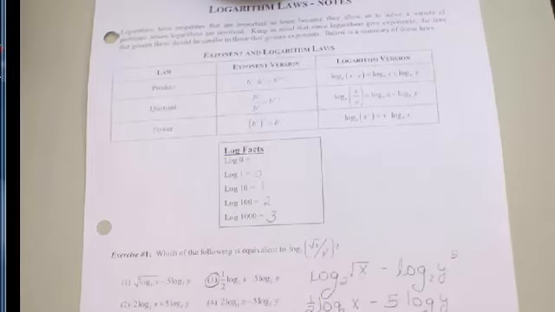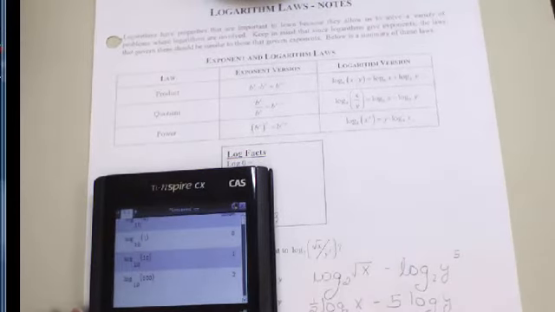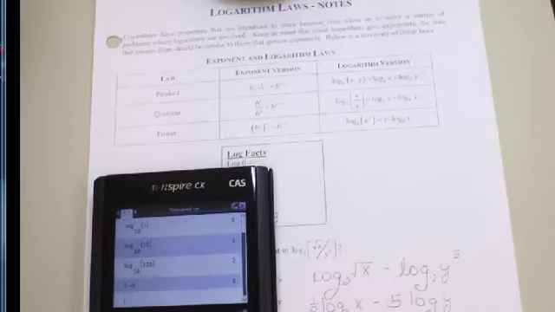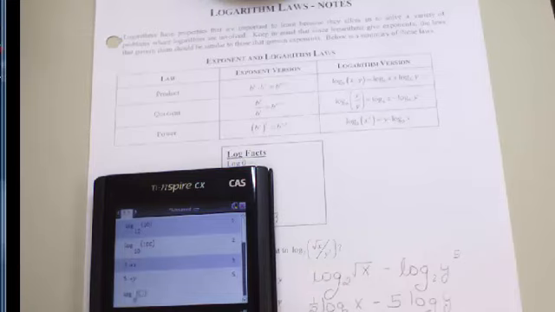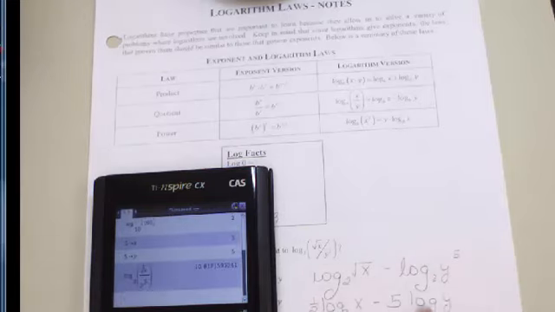Now, with the calculator, you can go ahead. You're going to store something for x, store something for y, then type in your original, use the fraction button, radical x over y to the 5th, and it gives you some ugly decimal.